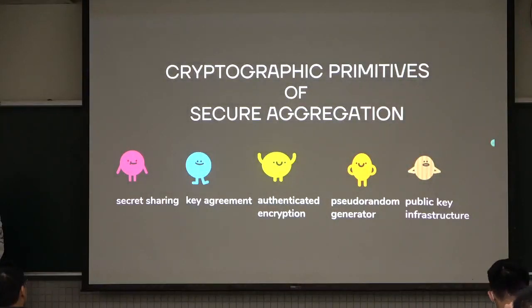And now I'm going to introduce the cryptographic primitives of secure aggregation. The first is secret sharing. This technology involves splitting a secret S into n shares and setting a threshold value T. The original secret S can only be reconstructed if one has obtained equal to or more than T shares.